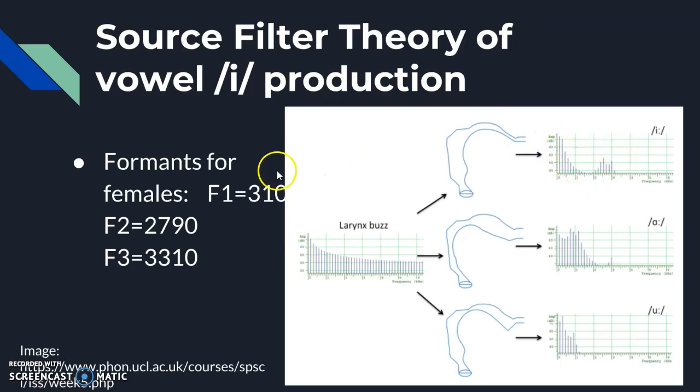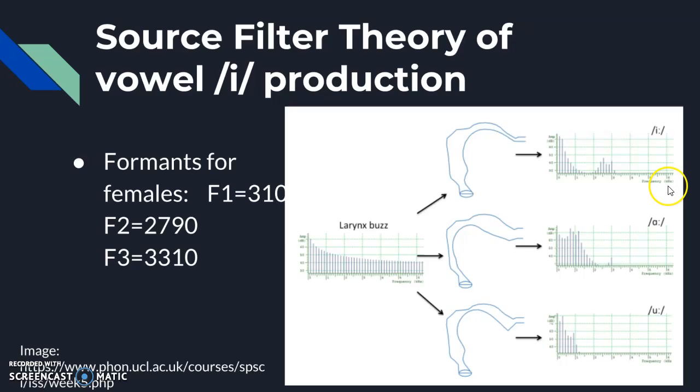And so for females, as it says over here, and it's kind of hard to see on this, I couldn't find a bigger picture, but for females, the first formant is typically around 310 hertz. So you can kind of see that reflected here.